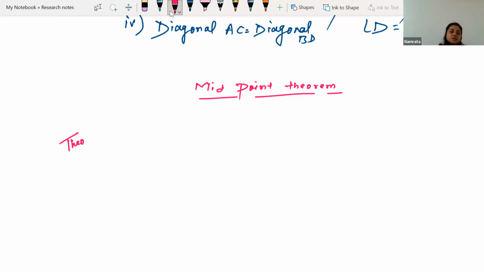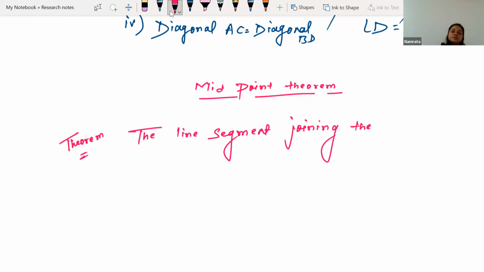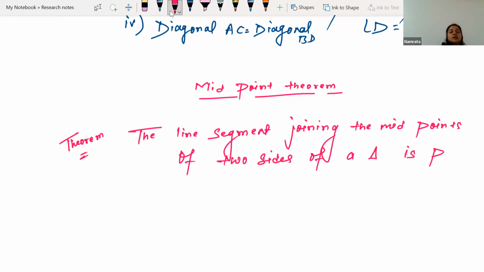So the theorem says the line segment joining the midpoint of two sides of a triangle is parallel to the third side.